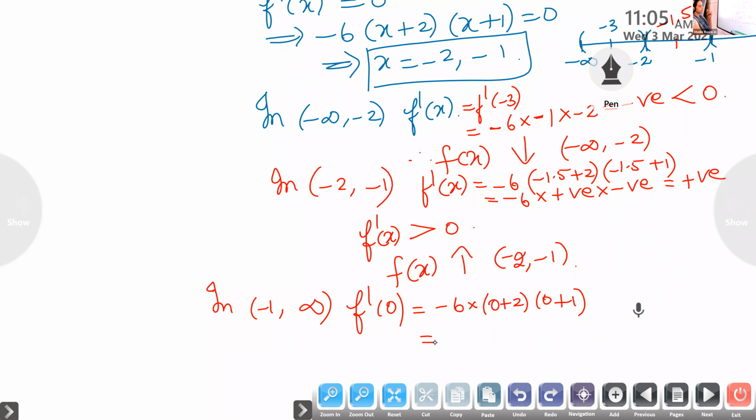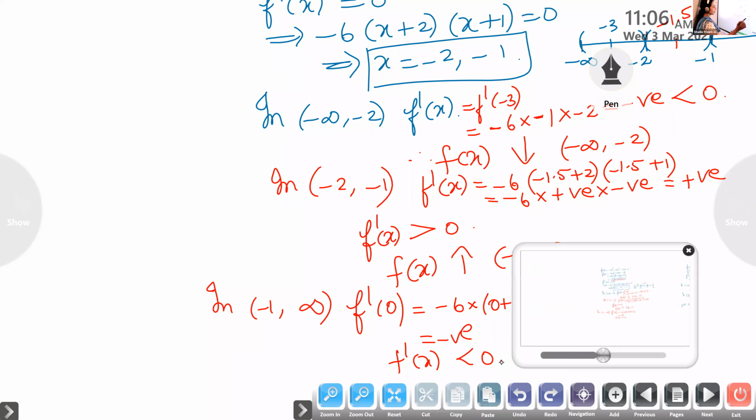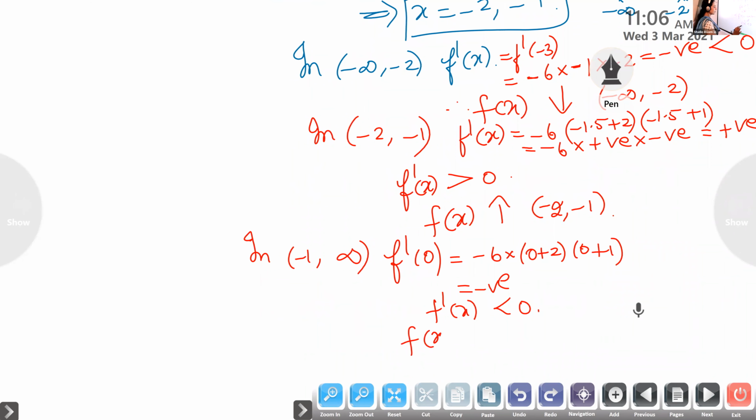So f dash of x is less than 0. Therefore, f of x decreases in the interval minus 1 to infinity.